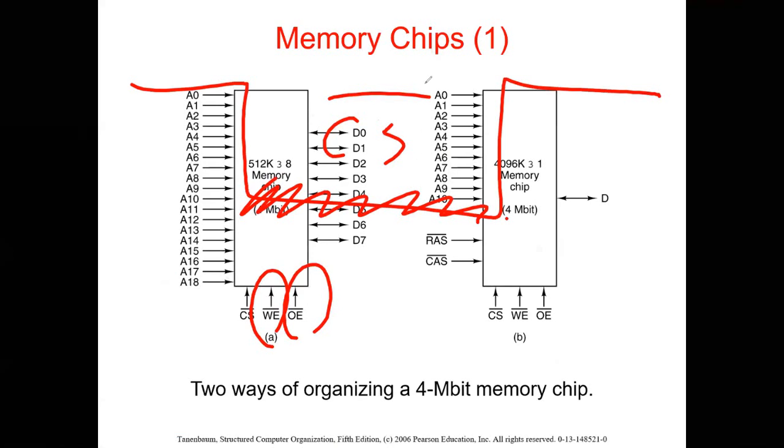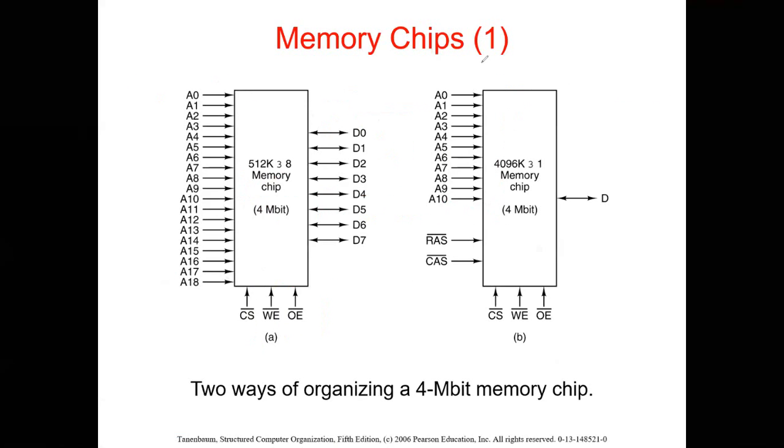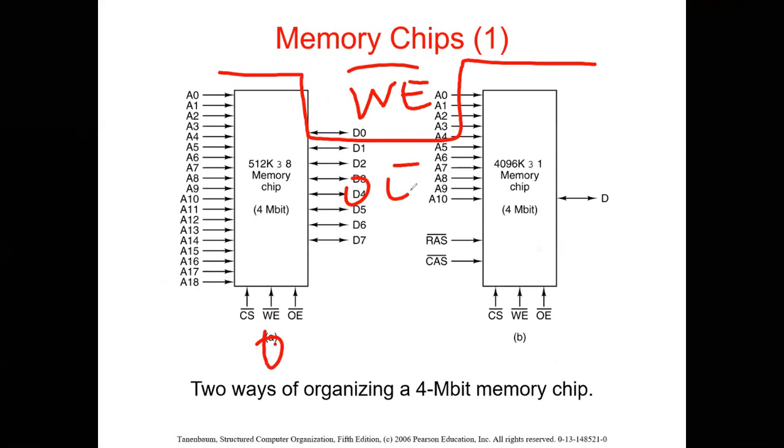So here we have 2 different signals. If the write enable is low, this is the low enable write. This is the output enable, right?